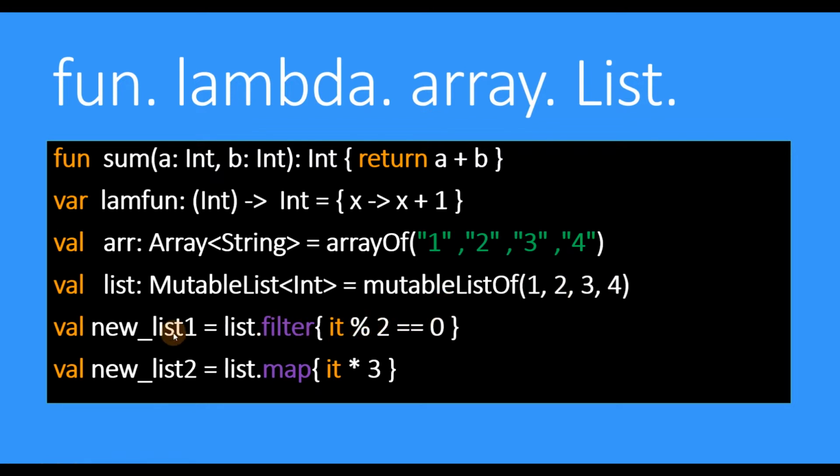And the next, here we have an example of using a filter. So in this case filter is applied to the list, and this function is available for many other structured data types like strings, arrays, and so on in Kotlin.